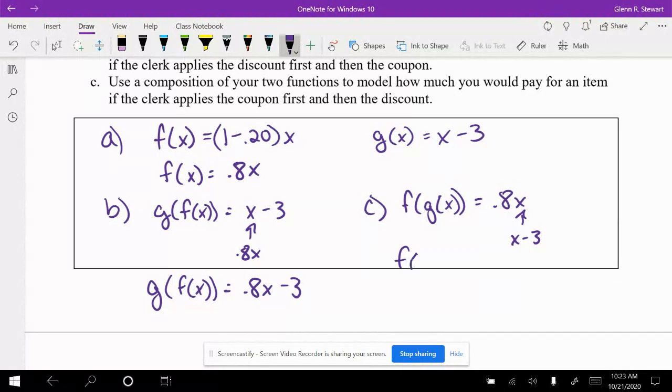So f of g of x is going to be 0.8 times x minus 3. So f of g of x is equal to 0.8x minus, see here, 3 times 0.8, which is 2.4.